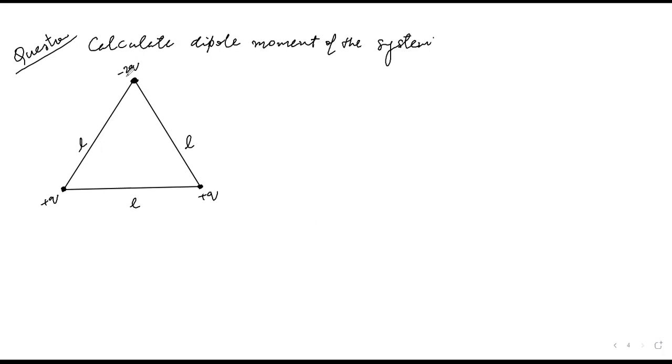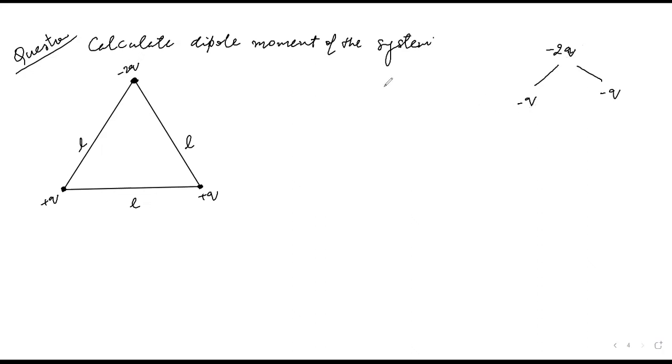Okay. Now, how can we calculate the dipole moment? To understand it, first of all, we are going to divide this charge in two different parts. Minus 2q can be divided in two different parts, minus q and minus q. Are you clear? What is the reason to separate here?